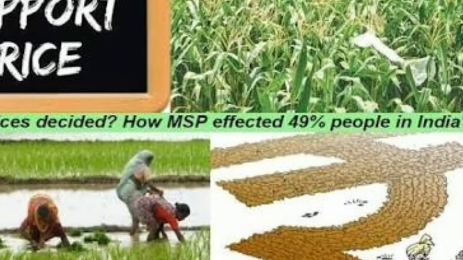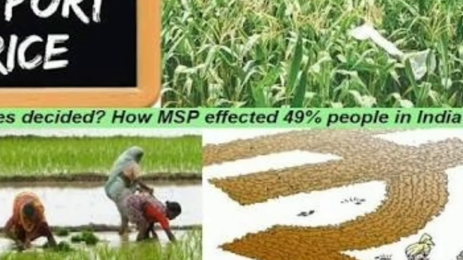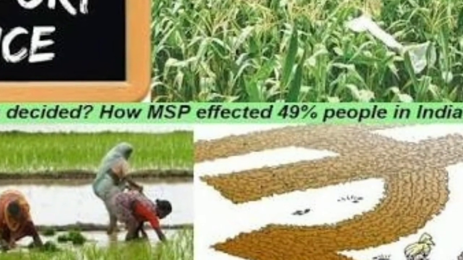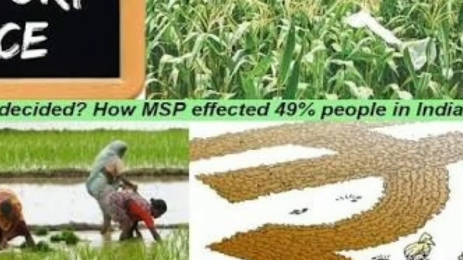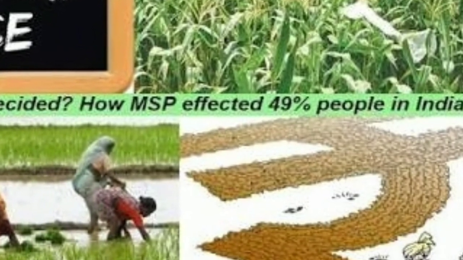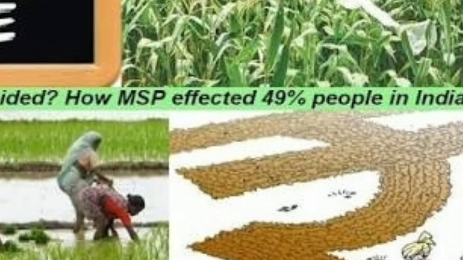However, the farmers are free to sell in the open market if they get a better price for their crop produce. On the other hand, if the open market price is lower than the MSP, the farmers would get an assured price by selling their produce to the FCI.